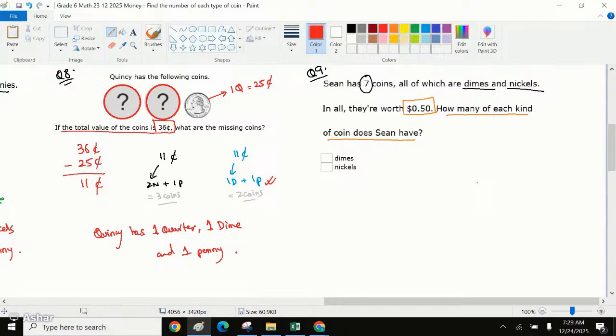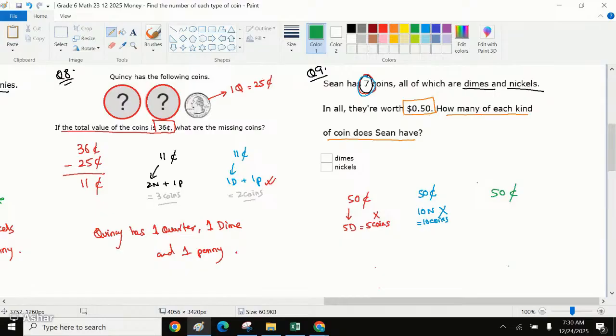So we need to break down 50 cents into 7 coins. We can say 5 dimes. That would be 5 coins, but that is not required because we need 7 coins. Can we say 50 cents can be broken down into 10 nickels? But it's still 10 coins, which is not our required answer. Let's see if 50 cents can be broken down into any other combination.